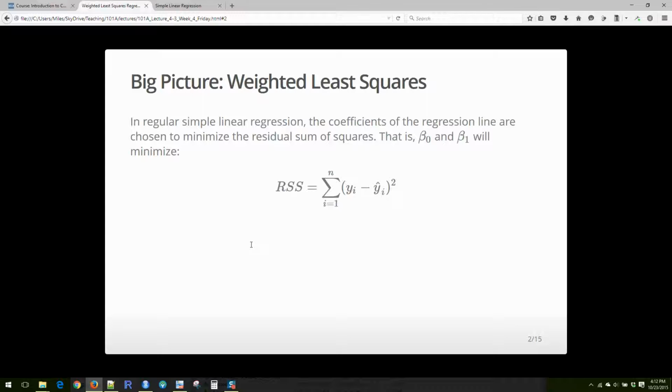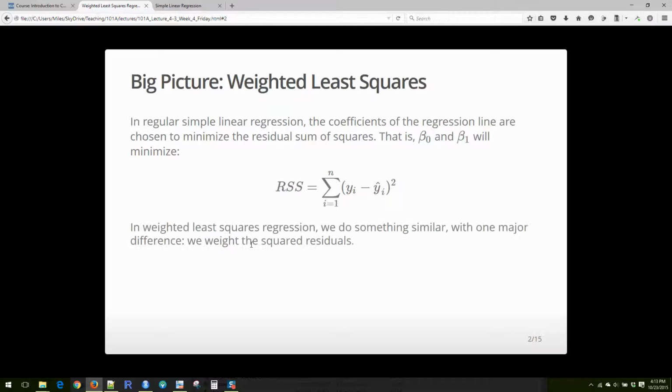With weighted least squares, we're pretty much doing the exact same thing, except we weight the squared residuals. We apply weights to these residuals and we say this residual counts more towards this quantity, this other residual counts less towards the quantity. So we weight them.